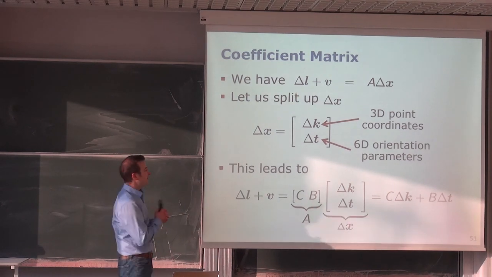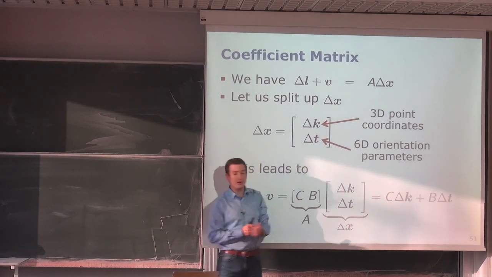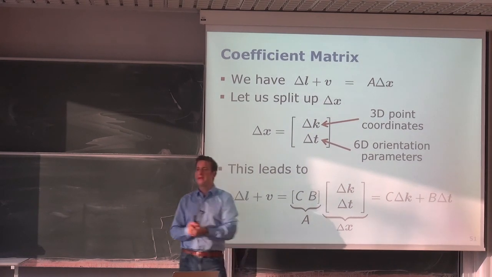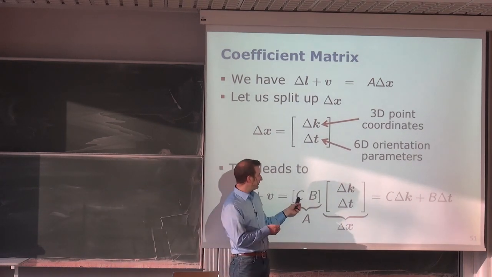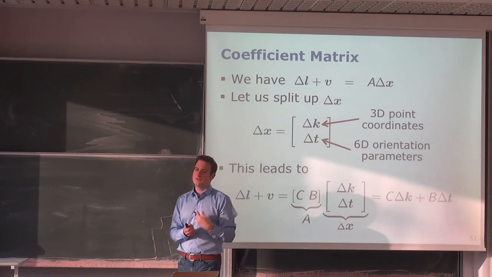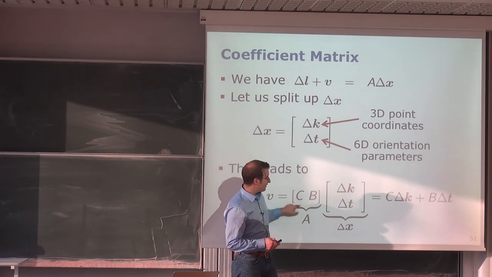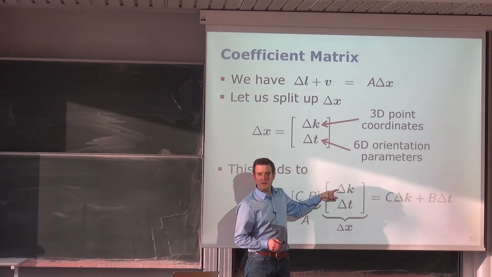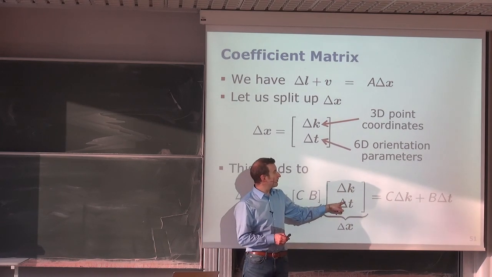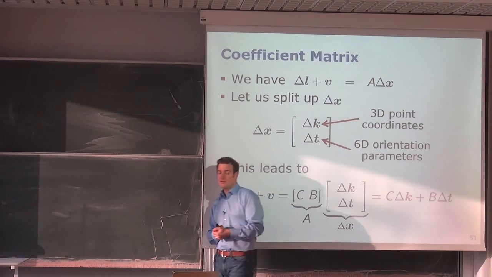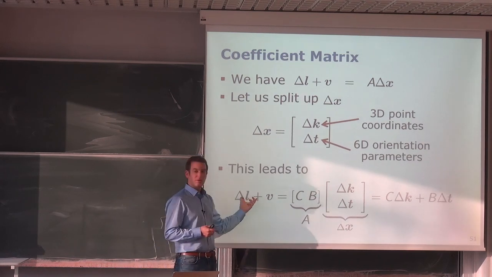Okay, if I have this reordering, where k always holds the point coordinates and t the orientation parameters, I can also split up my matrix A into 2 matrices, a matrix C and a matrix B. The matrix C contains everything which has to do with the 3D point coordinates, and the matrix B encodes everything that relates the 6D orientation parameters of our cameras to our observation space.